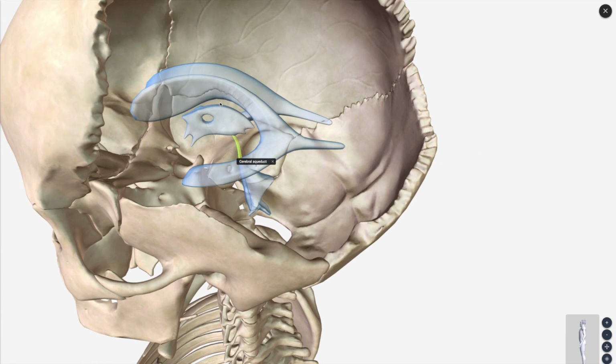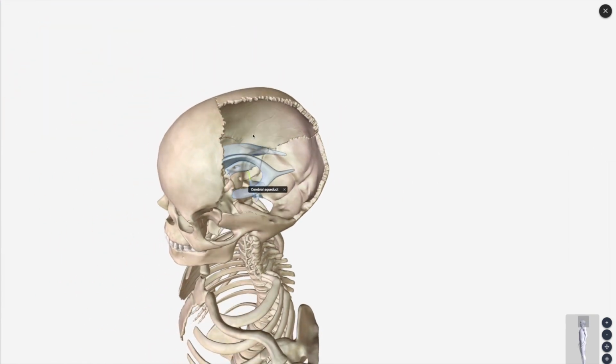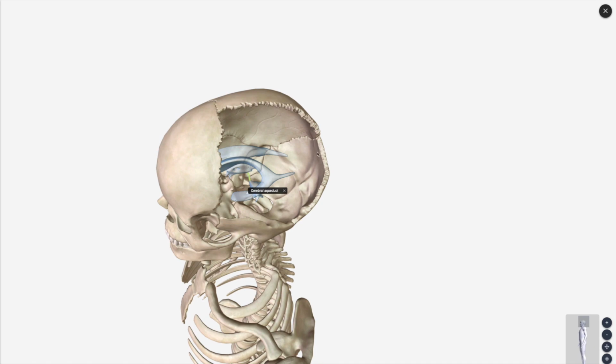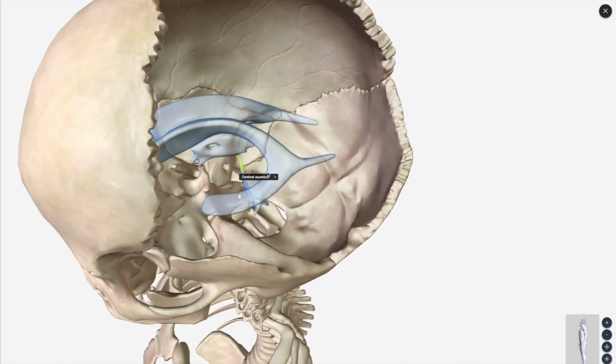Yep, perfect. So essentially, remember you've got posterior and anterior fontanelles in children. Those areas and sutures may not have fully ossified. That means the skull can compensate.